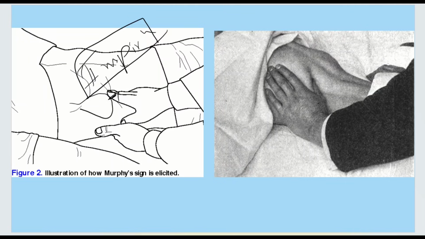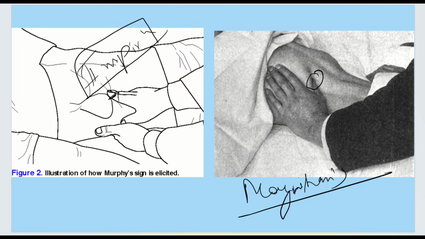So this is Murphy's sign. The second diagram is the same, but it is Moynihan's method. Moynihan's method is done in supine position, and here with the help of the thumb we are pressing the right hypochondrium at the tip of the cystic point.